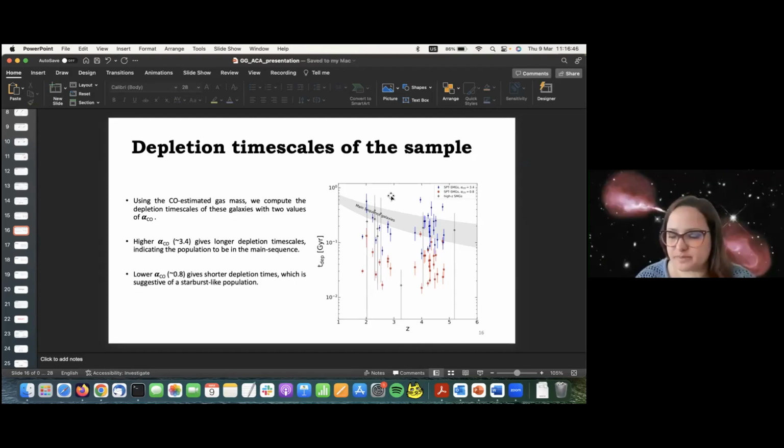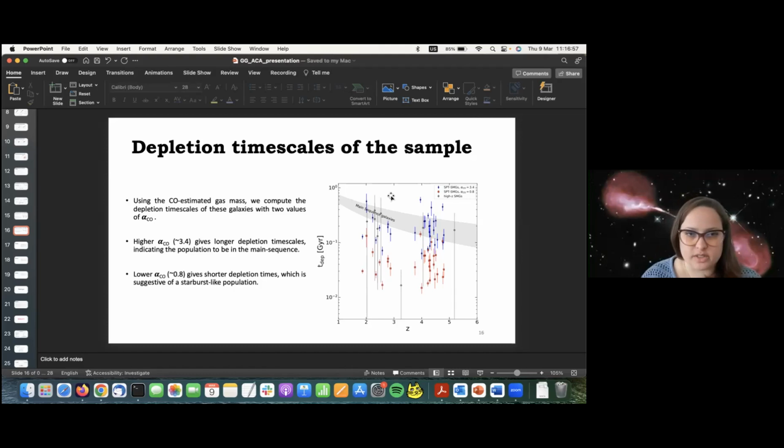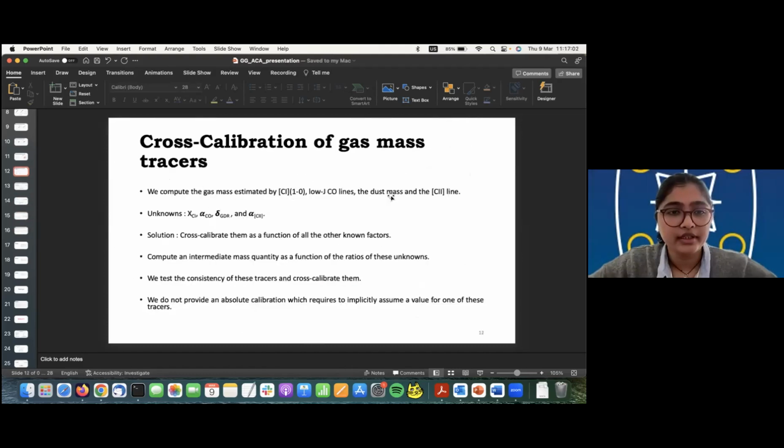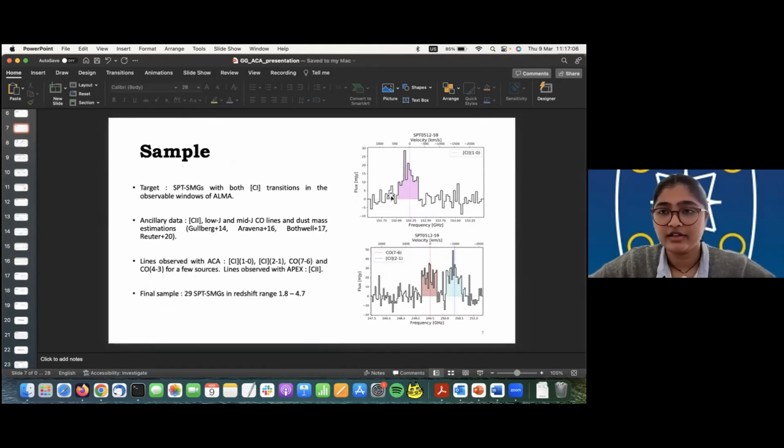So I have a question. I heard at some point that you said, for the 29 sources in your sample, you talked about mergers. You mean galaxy mergers? Yeah, but I don't think we have an idea of how many of these galaxies are merging.